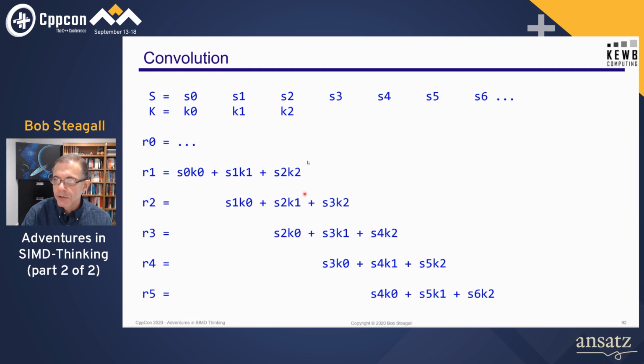The value for R2 is S2 times K1, because I've moved the convolution kernel over, plus S1 times K0, plus S3 times K2. You follow this pattern, and effectively what you're doing is weighting in your result, for example R2, the values S2, S1, and S3 by the convolution kernel.